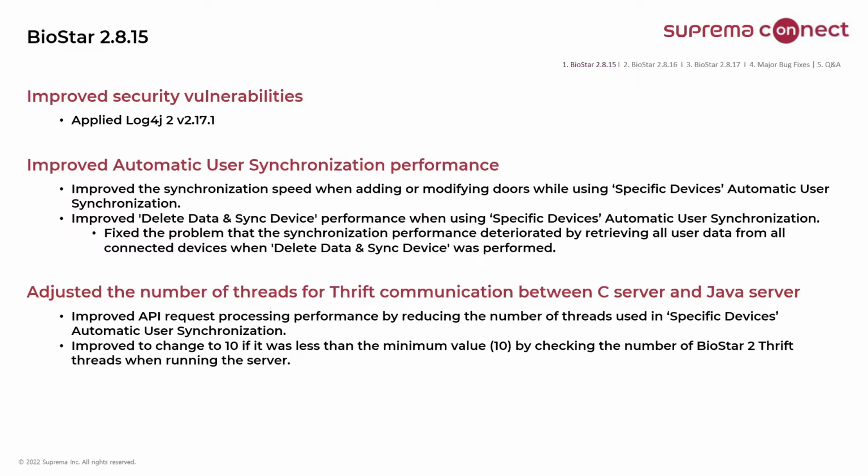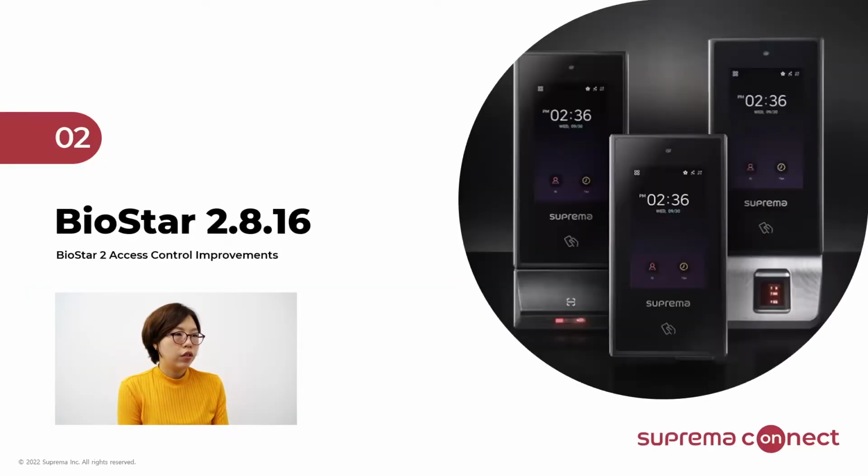If you're not satisfied with the performance of BioStar 2 in the previous version, we recommend you upgrade the server version to the latest. Yes, the introduction to BioStar 2.8.15 is over. Pretty simple, right? But from now on, you need to pay attention.